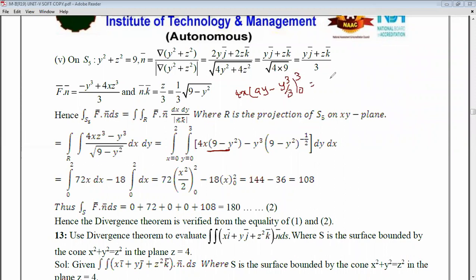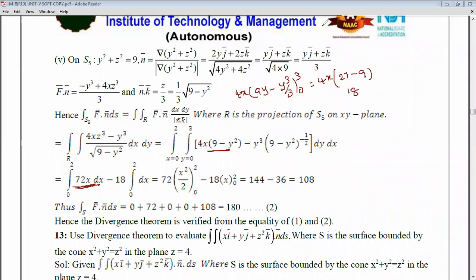So 4x into, if you simply substitute, 27 minus 27 by 3, that is nothing but 9. Okay. And again here we get 18. 18 into 4 is nothing but 72. So that's why here we wrote 72x dx. And next here we have minus 18 integral dx.